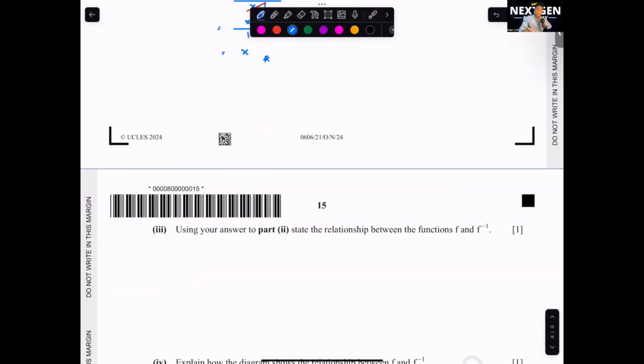So we can say that f and f inverse are the same. Because your f(x) is equal to x. You have to remember this equation here. f(x) is equal to x means both of them, they are the same.